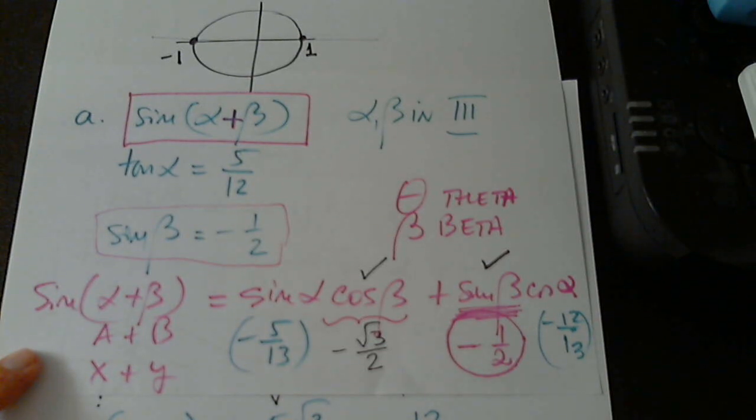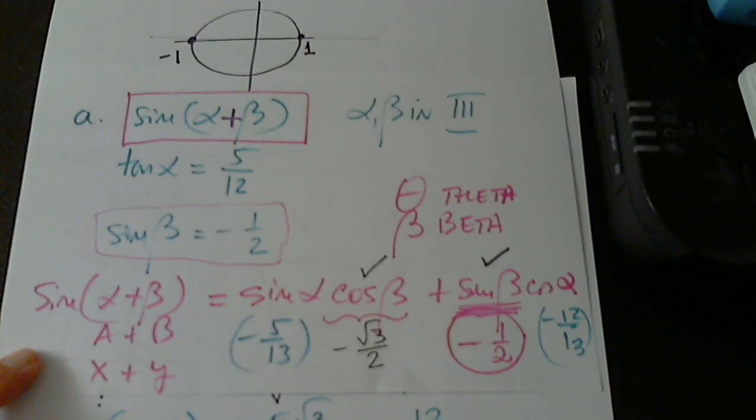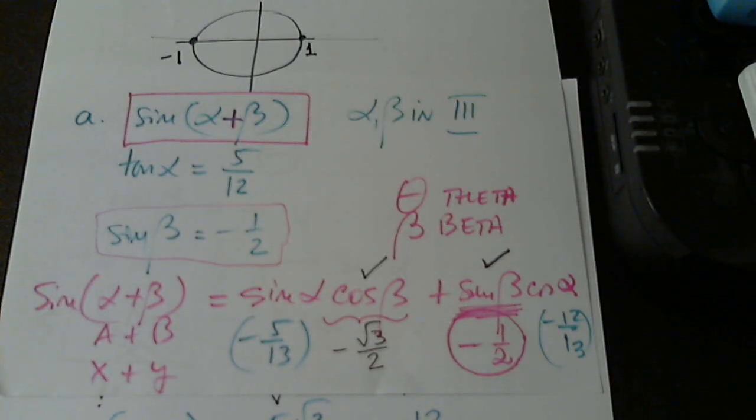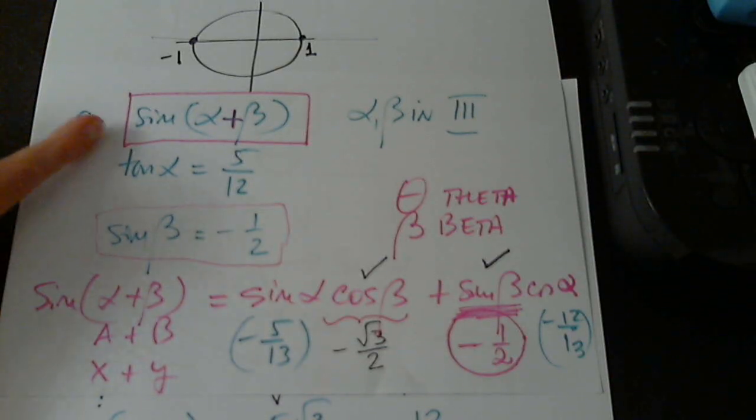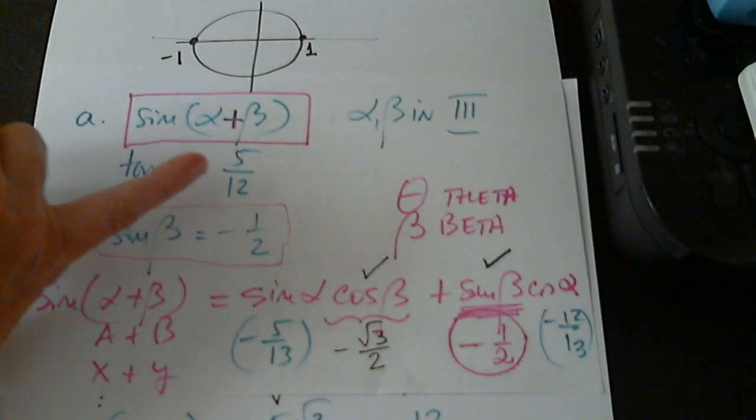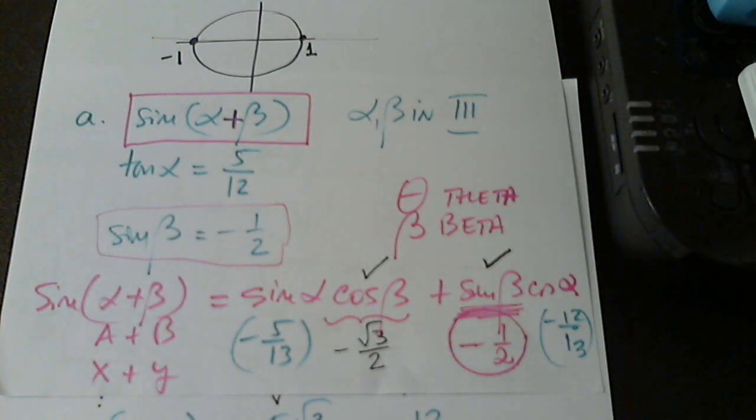So the final simplified form is 5 the square root of 3 plus 12 divided by 26. And this is it. Any questions on how to determine the exact value of sine alpha plus beta given some information about each angle?